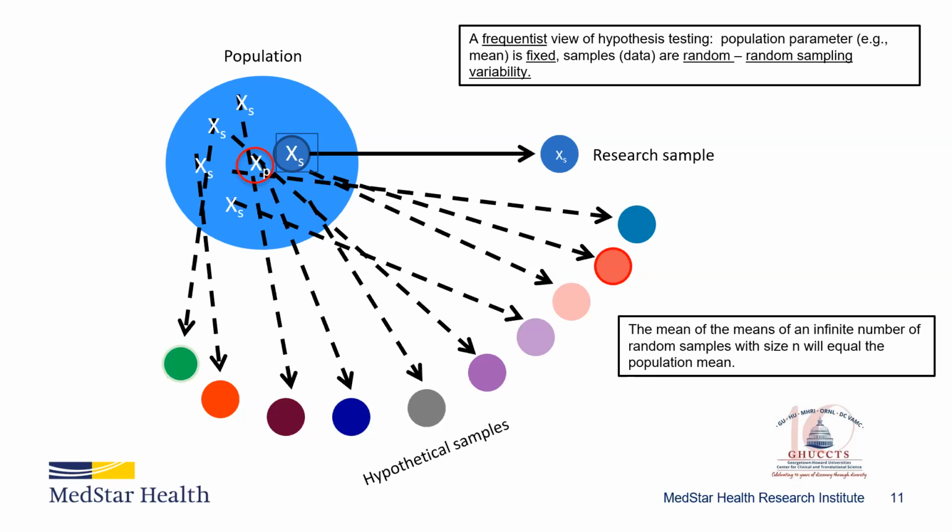So even though we can't draw many or an infinite number of random samples from our population, mainly because we can't afford it or don't have the time, we make our estimate of the population mean based on our research sample.